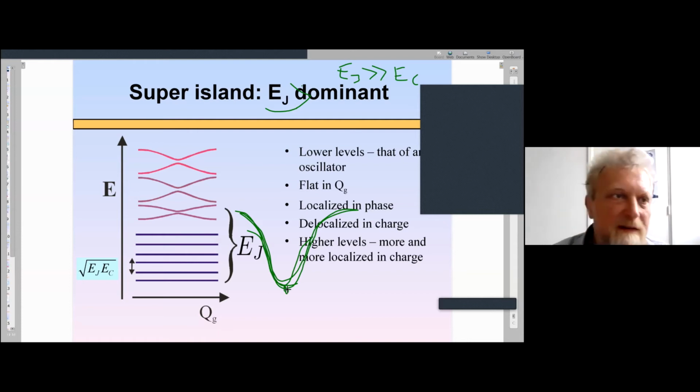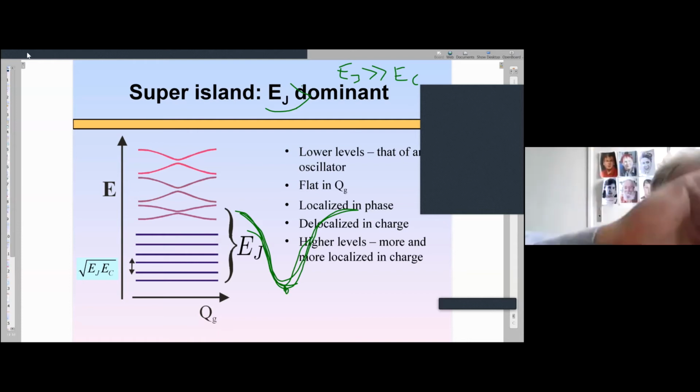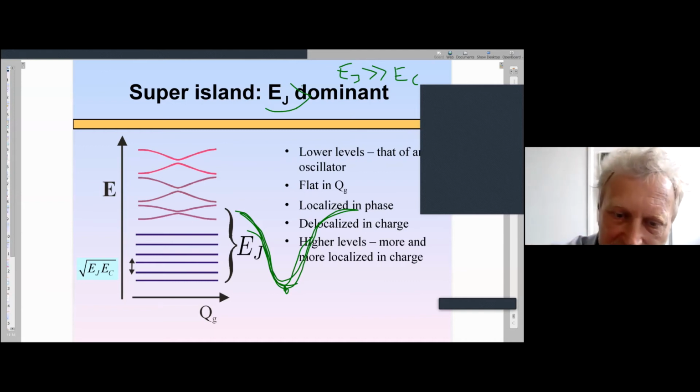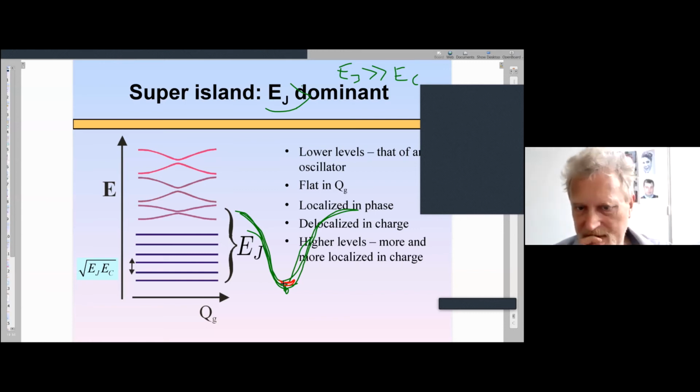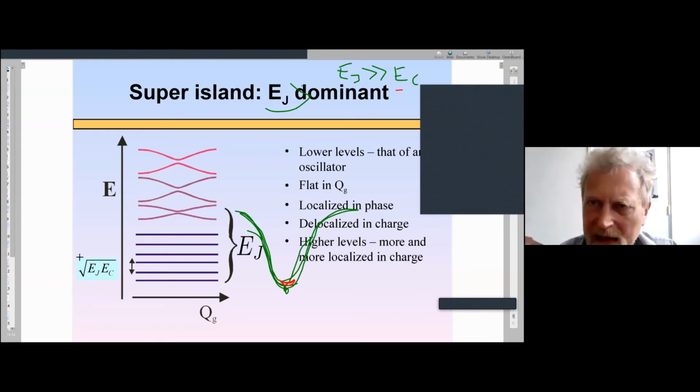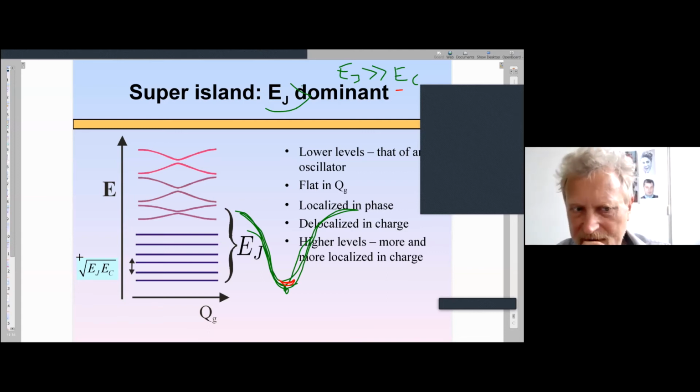What will happen if I kick it? It will oscillate. And the mass corresponding to the oscillator would be given by the charging energy. So in fact, the frequency of these oscillations would be the geometric mean between charging energy and Josephson energy.